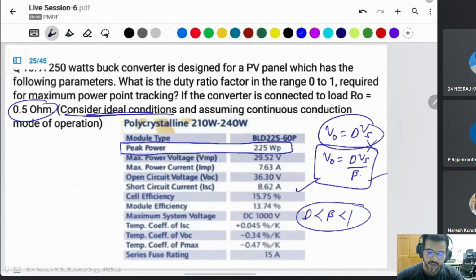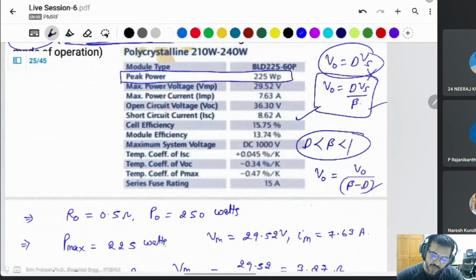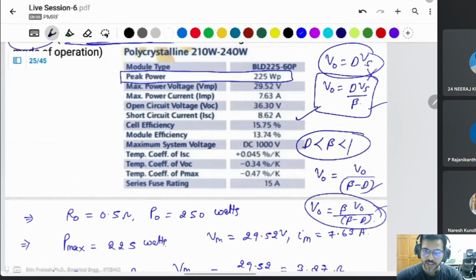For the boost converter, the output voltage is Vs divided by beta minus d, in place of 1 minus d. For the buck-boost converter, I think it will be beta divided by beta minus d. This is also more than in continuous conduction mode.